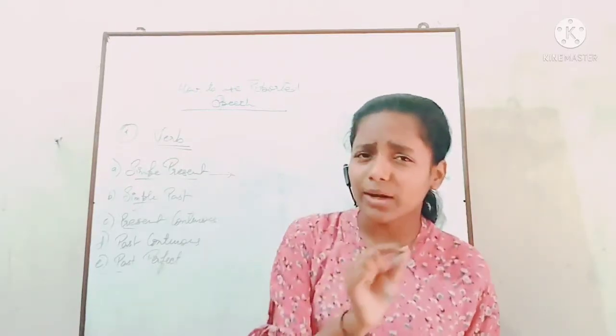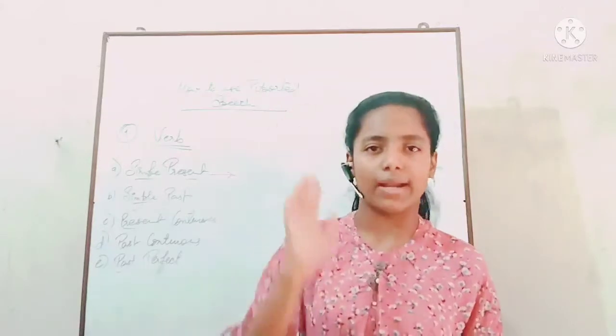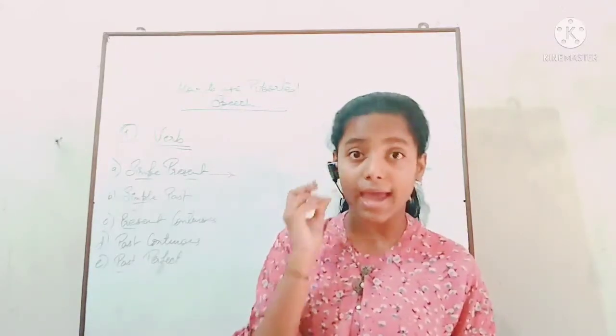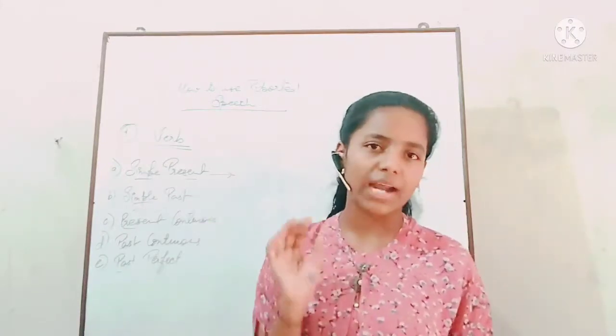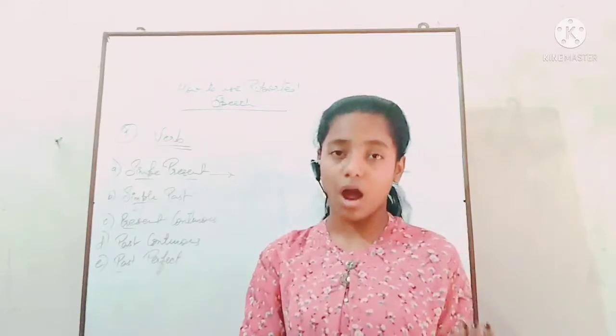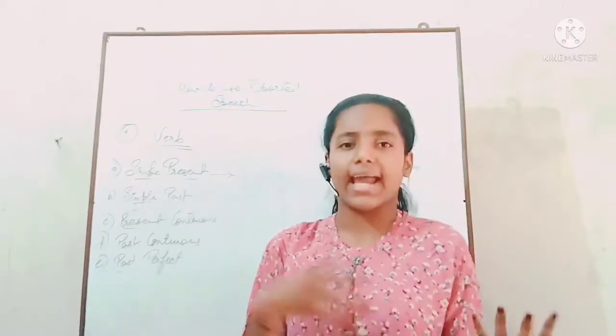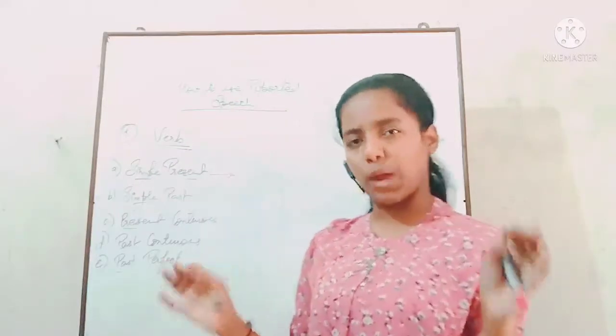You need to put the verb on that. If you understand the gist of that, you are definitely able to translate direct to indirect and indirect to direct. Let me write on the board and you'll understand very easily.